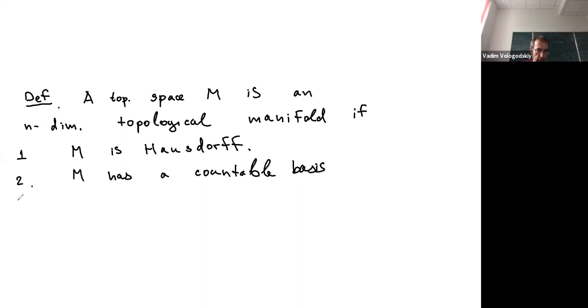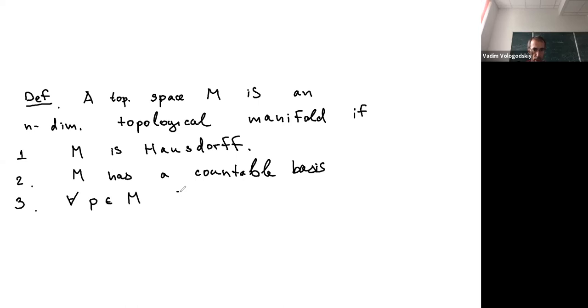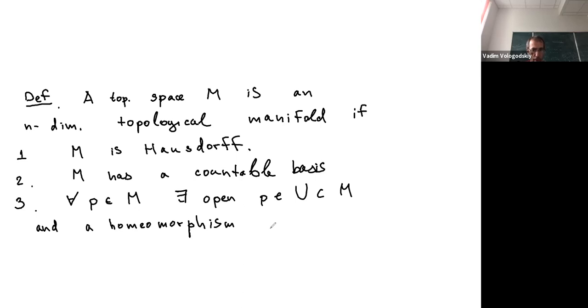And lastly, and this is really the most important property, is that every point on my space has a neighborhood, there exists an open neighborhood U containing p and a homeomorphism from U to an open subset in Rn.